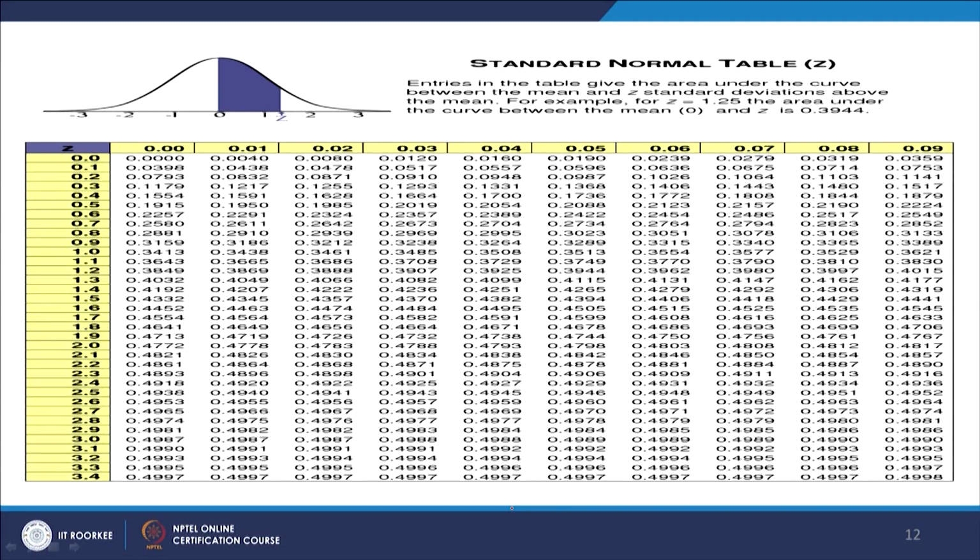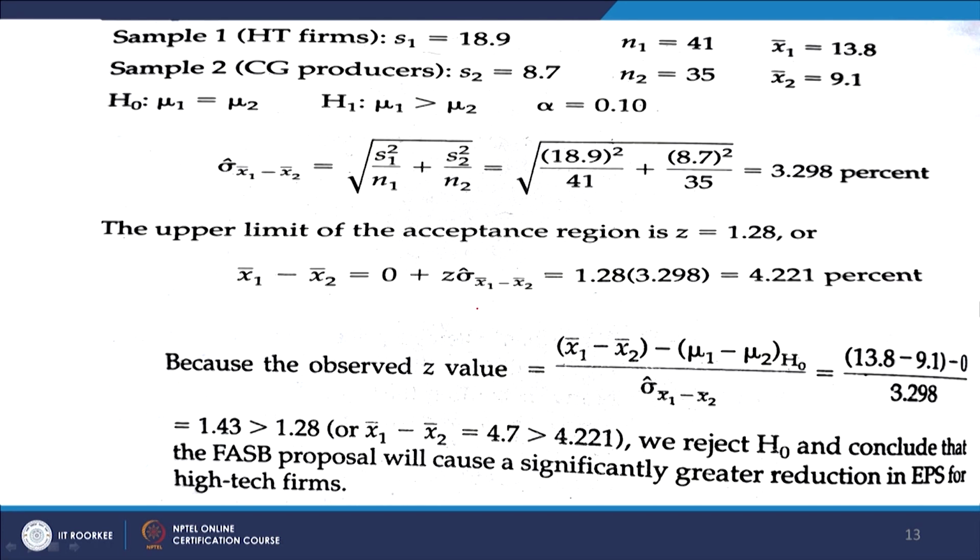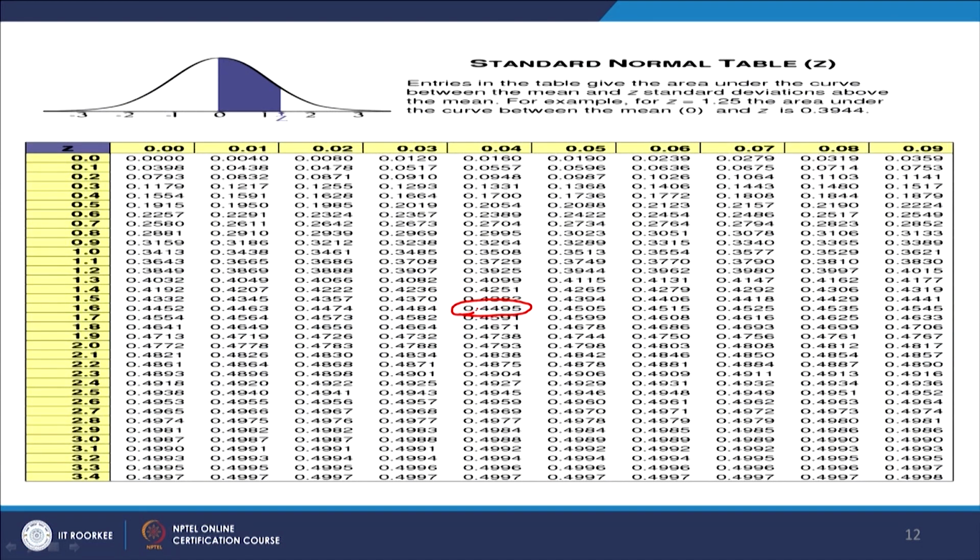The 0.45 area under the curve is somewhere here, 1.64, isn't it. So, we will say that the critical values here are plus 1.64 and minus 1.64. Okay, it is not 1.6, it is 1.28 actually.